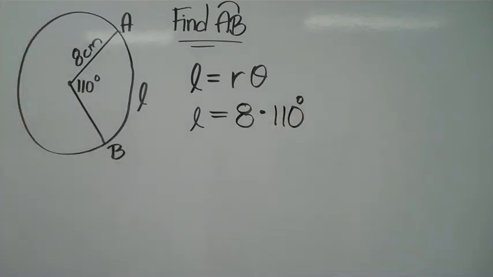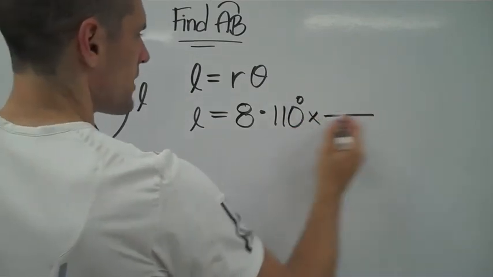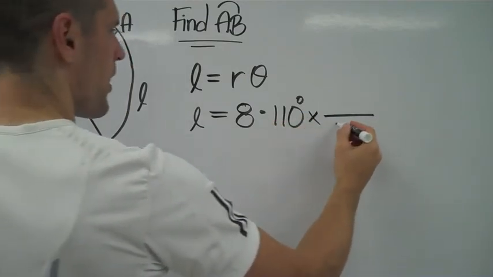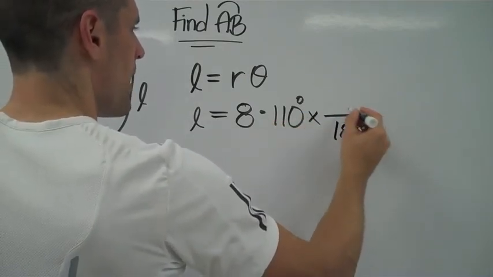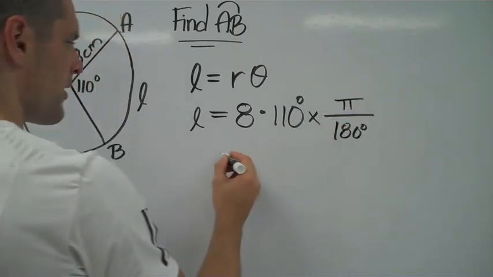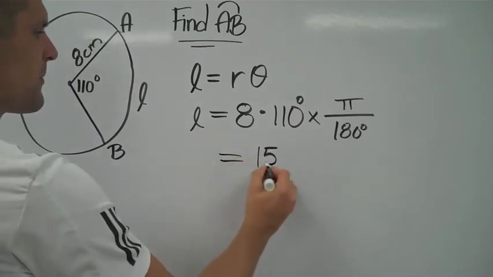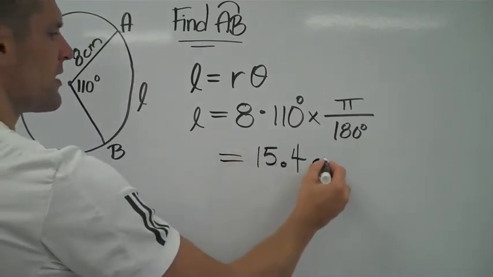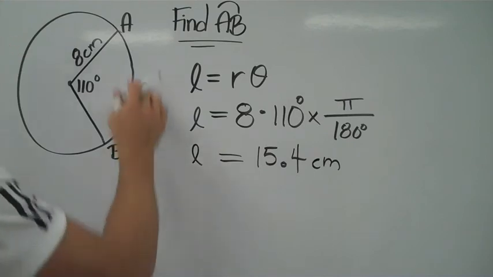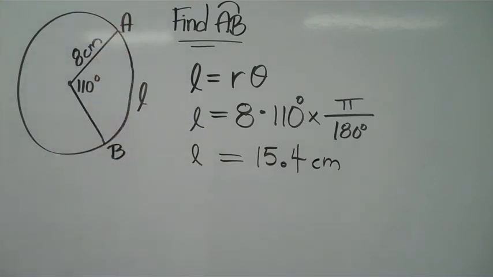Well, we can't use it in degrees. We have to convert to radians. How do you do that? Well, times pi over 180 degrees, degrees on top, degrees on bottom, which gives us 15.4 centimeters to 3 sig figs. That's our length L, or we could call it arc AB.